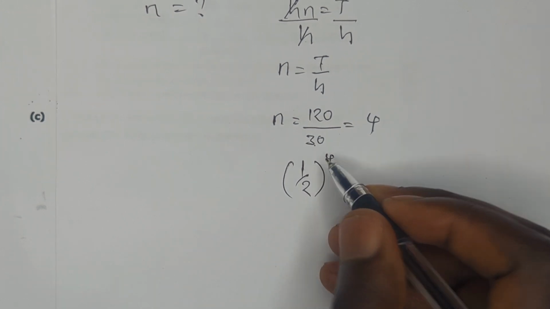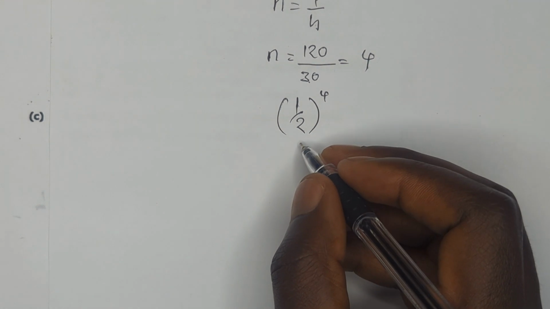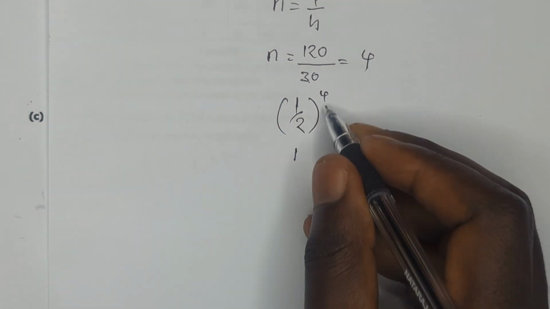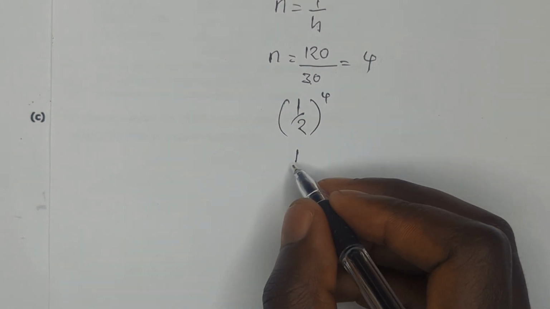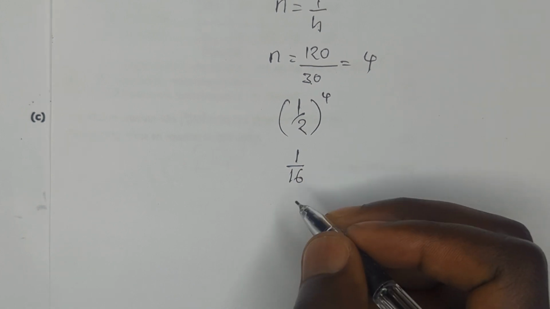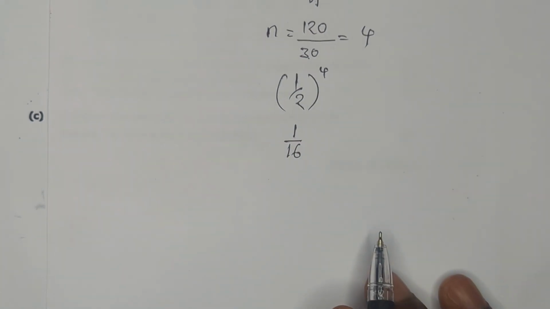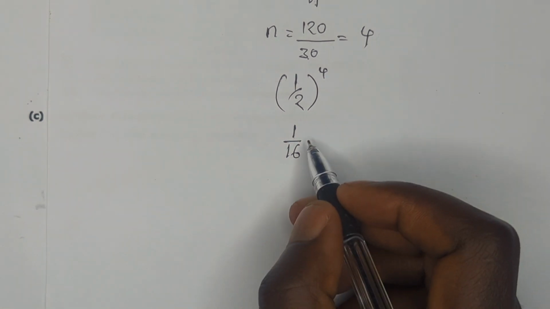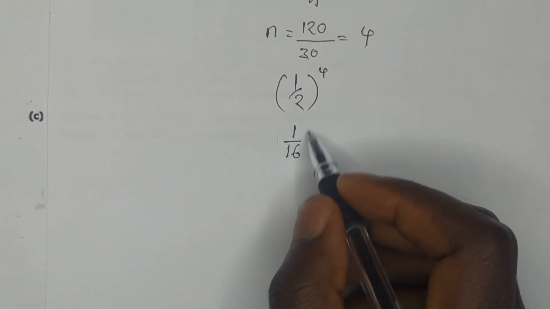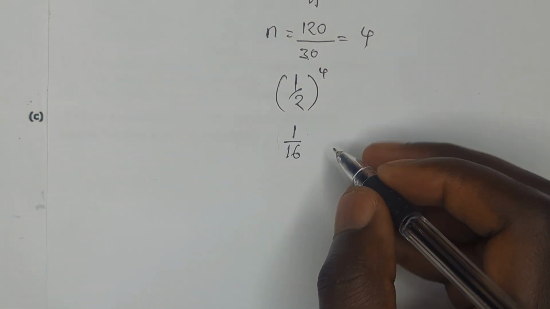So 1 to the power 4, it will give us 1. 2 to the power 4, that is 16. So 2 to the power 4, it means we have to multiply 2 4 times. This that we found, it is the undecayed.